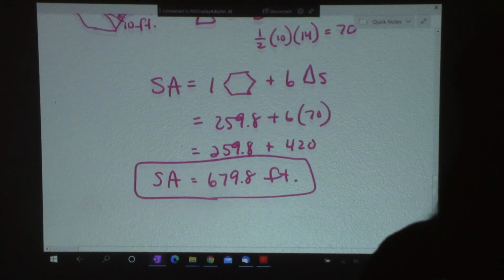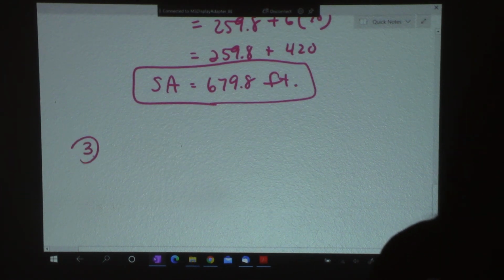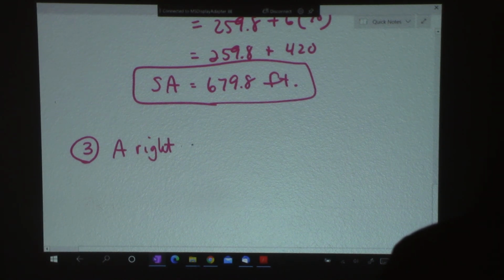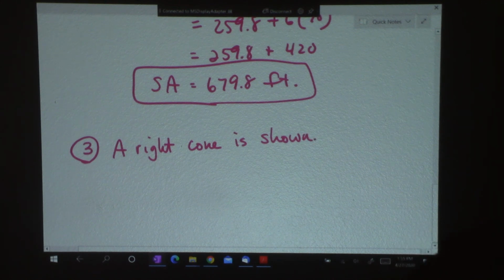Anyway, that's the surface area of our hexagonal pyramid. Okay, one more before we do some OIOs. So, number 3 is a cone. So we're going to find the area of the cone. A right cone, which means it has a perpendicular height, is shown in the picture, which we'll draw.